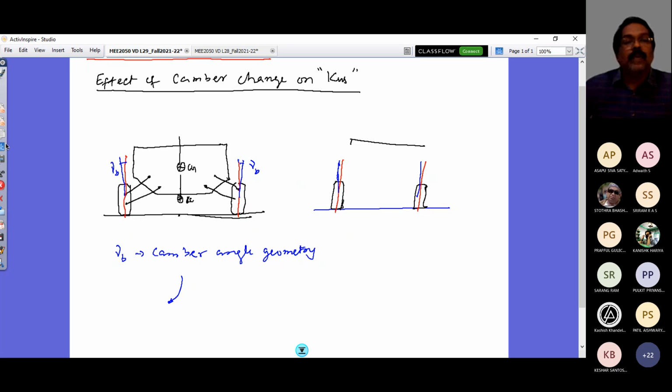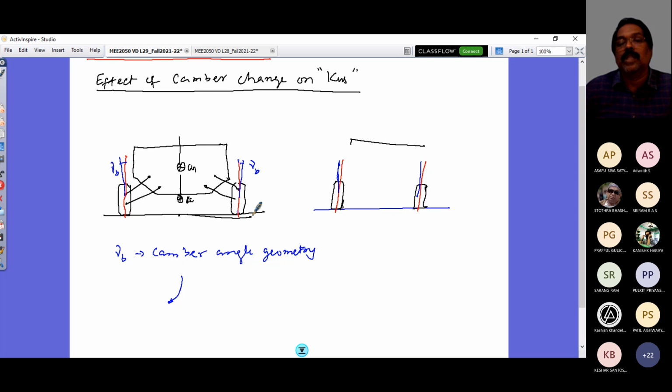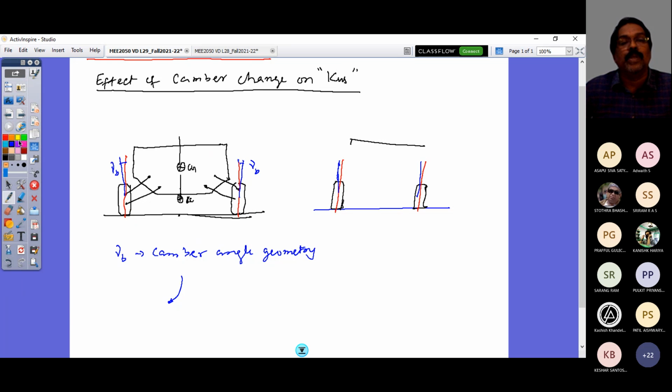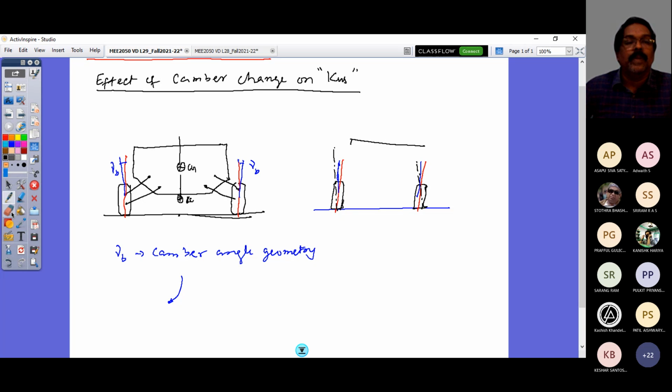And you see now the vertical of your vehicle. So the wheel plane and the vertical, the red line here, is now changed. So let me use mine: vertical from the ground is this line, right? Now let me explain this diagram.